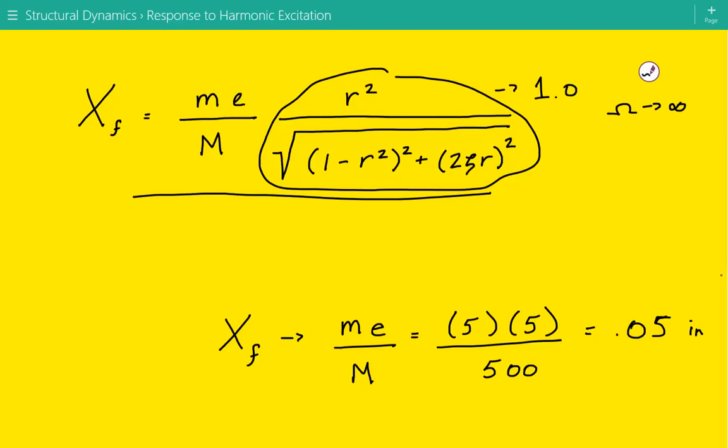So what we can say is that as operating frequency increases, the vibration amplitude will converge to this value of small m times E divided by capital M, or you can say the unbalanced weight times eccentricity divided by the total weight, and that is equal to 0.05 inches.